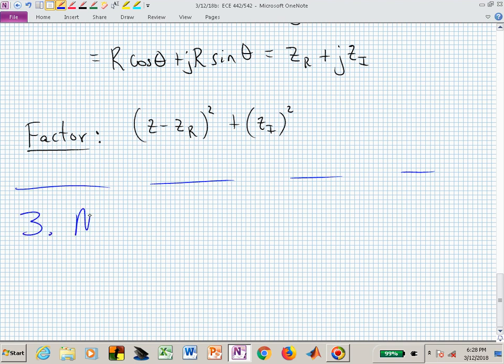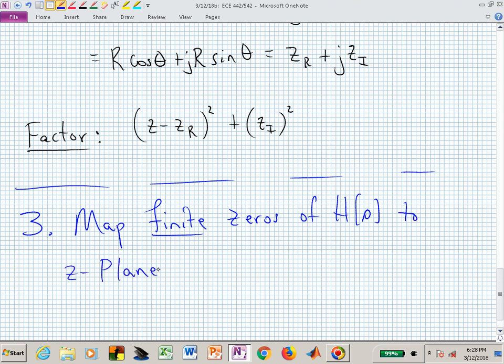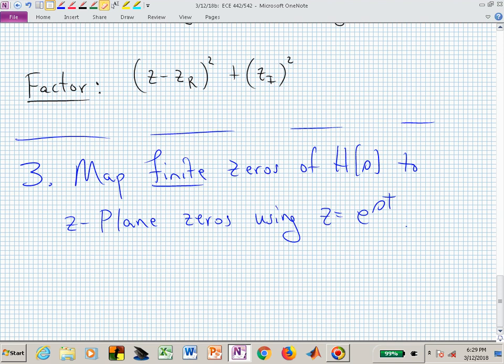Step 3 is to map the finite zeros of H of S to z-plane zeros using the same relationship. z is equal to e to the sT, and s could be real or complex. And you know how to use both.